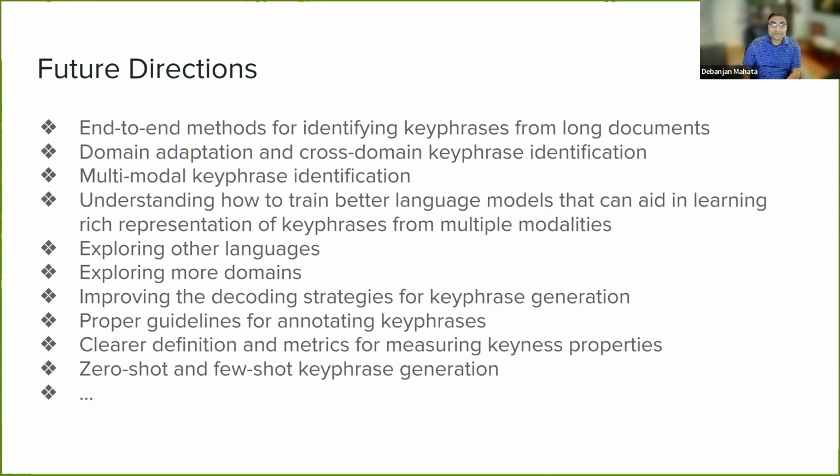And we need more datasets in different domains. We need to work on proper guidelines for annotating keyphrases and evaluating them, and clearer definitions and metrics for measuring keyness properties. And of course, zero-shot and few-shot keyphrase generation is something that the community should work on.